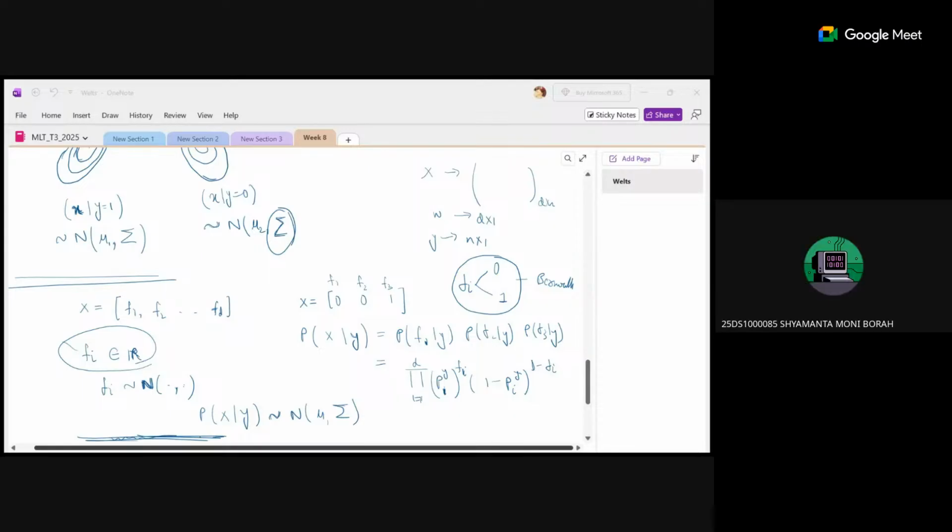Sigma is a covariance matrix, right? Yeah, sigma is the covariance matrix. Just give me 1 minute.